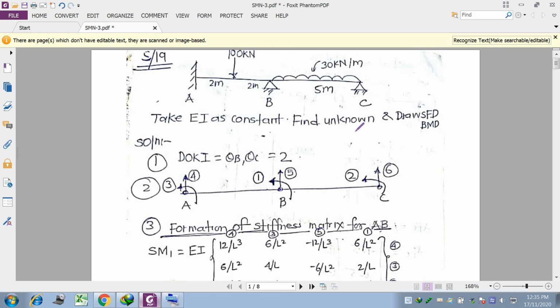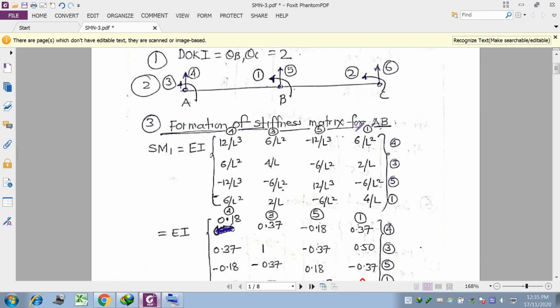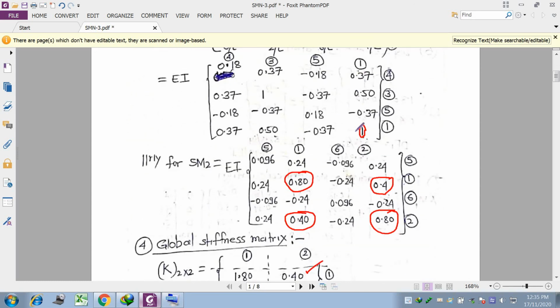Along with that numerical you will be asked to solve the derivation for the 2D beam matrix. 7 plus 7 become 14 marks. 7 plus 6 become 13 marks. And similarly, if you are not going to solve that numerical, you can solve the numerical which has 3 unknowns. So it will carry around 13 marks.